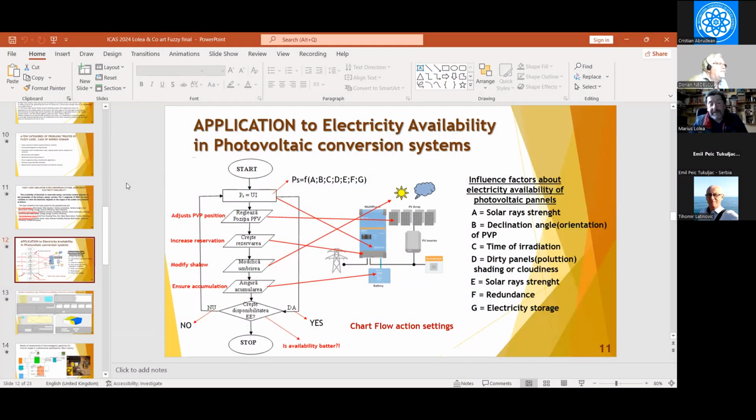If yes, there is better availability of energy. If not, we turn back to the start and adjust all these factors again.